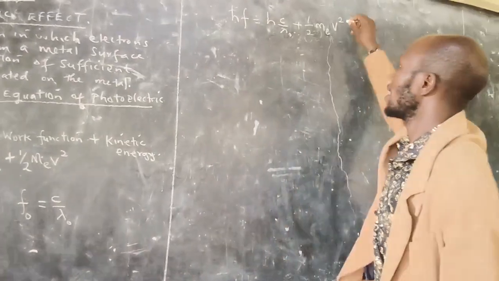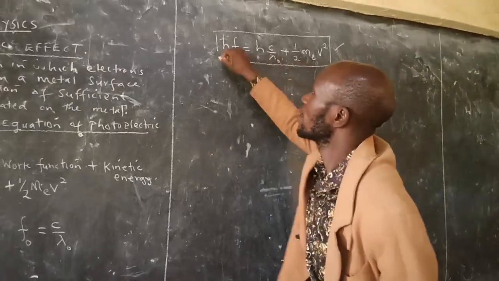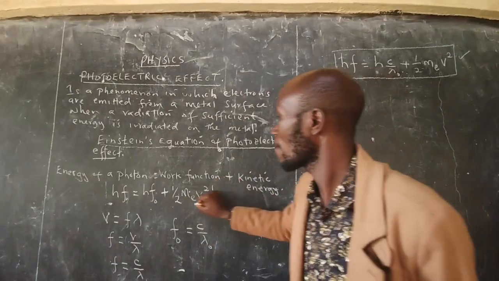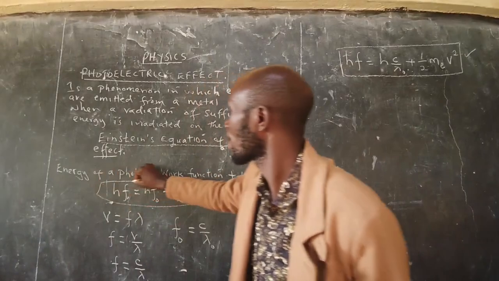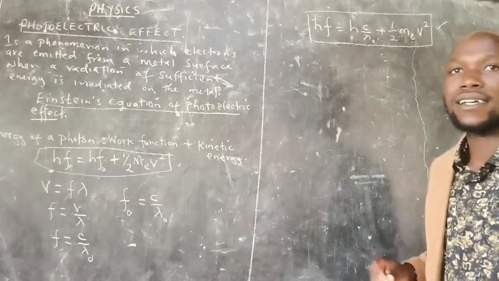So this is Einstein's equation of the photoelectric effect. It as well takes this form here. These are the two forms of Einstein's equation of the photoelectric effect.